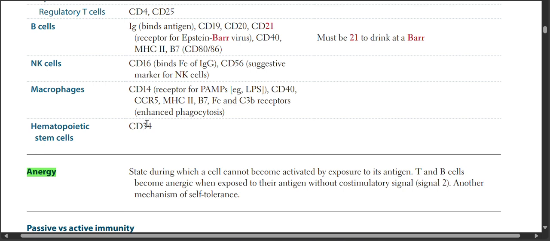Sorry, I didn't get the question, Dr. Taha. Let's say we want to hibernate a certain cell, and the reason we're hibernating the cell is because it was reacting to a self antigen, which is an antigen of our own body.